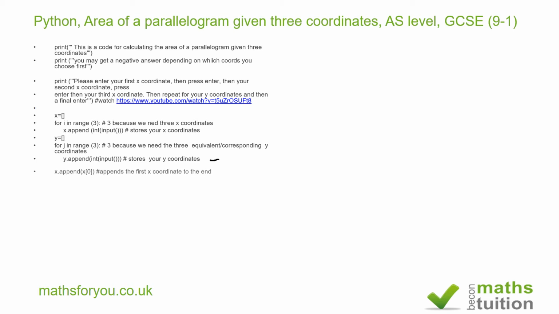Okay. Now, having done that, at the end of the X list, you now append the first X coordinate to the last. So now you have in position 3 the first X coordinate that was in position 0.